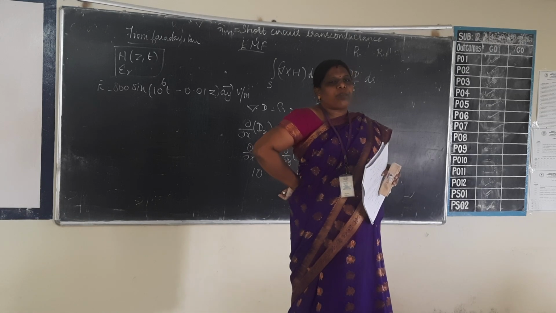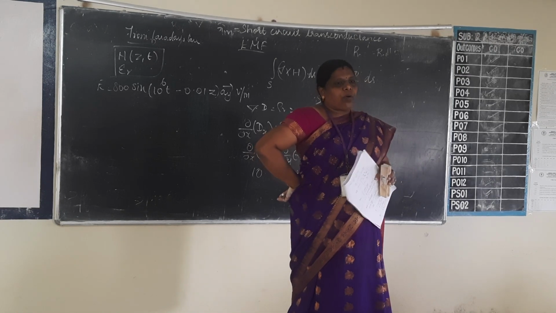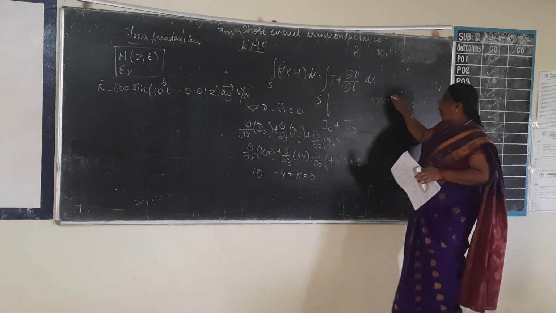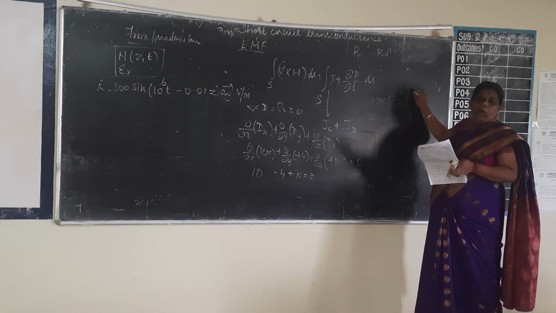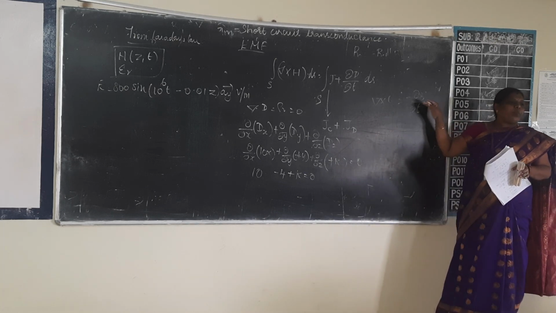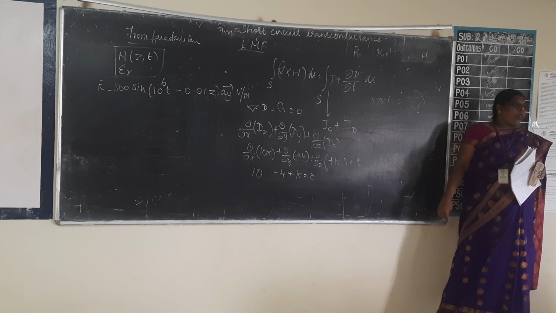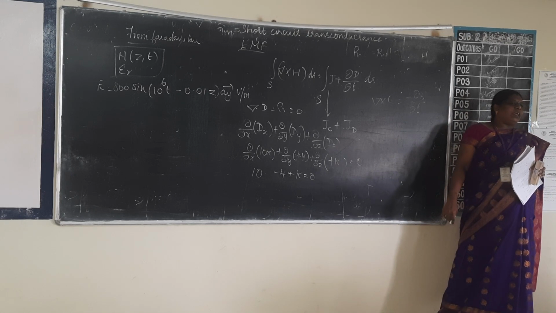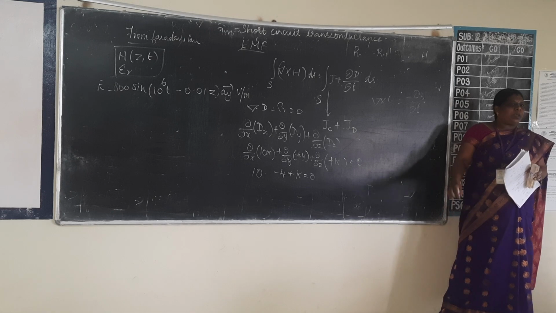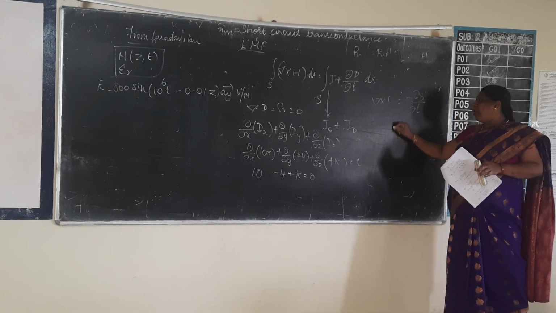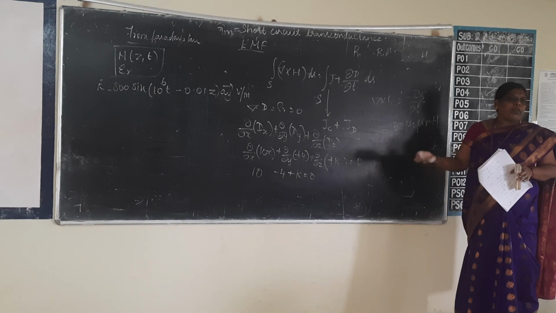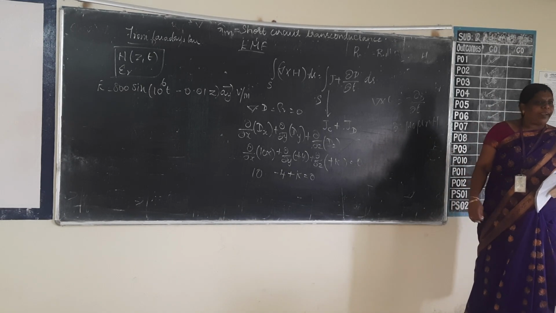One clue. Del cross E has to be found out. Del cross E is equal to minus dou B by dou t.